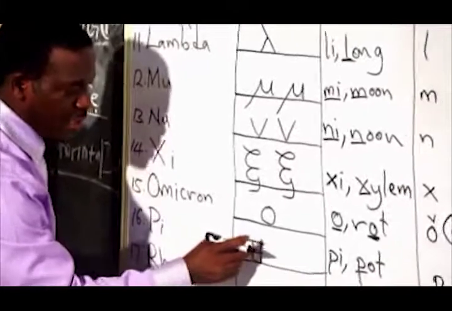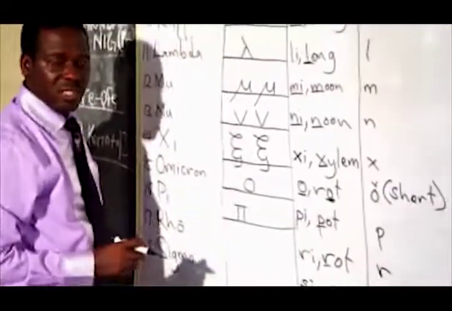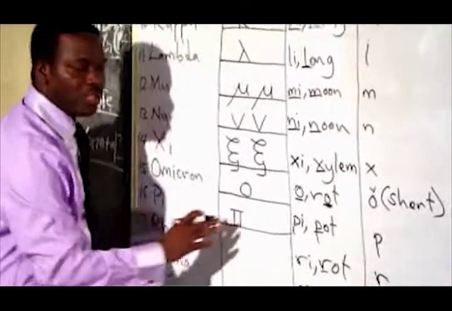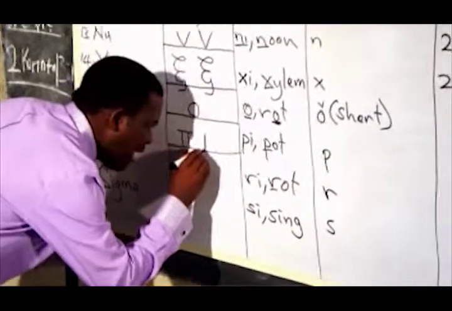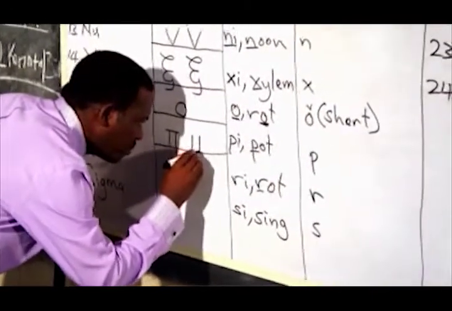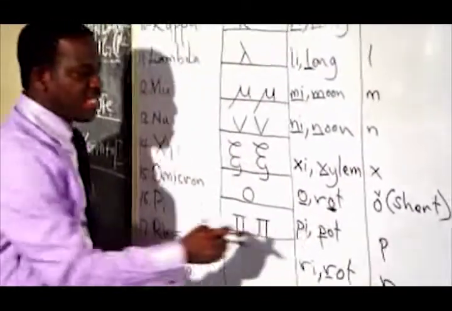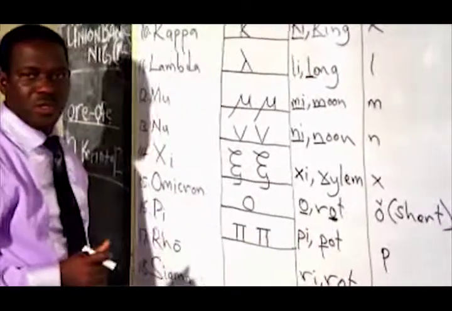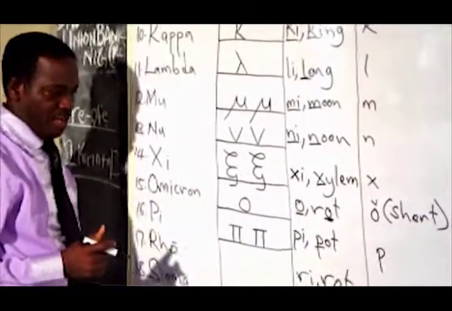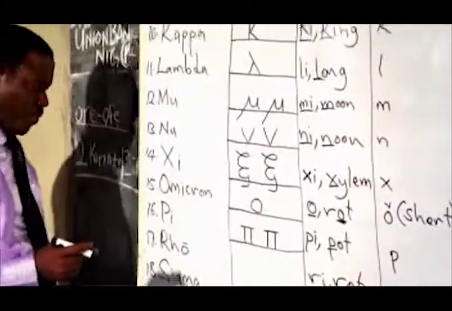There's no gap between the two vertical lines and then the horizontal one. The horizontal line must rest on the two vertical lines. So pi sounds as P, as you pronounce the P in pot. Pi, P, and it's equivalent to our English P.